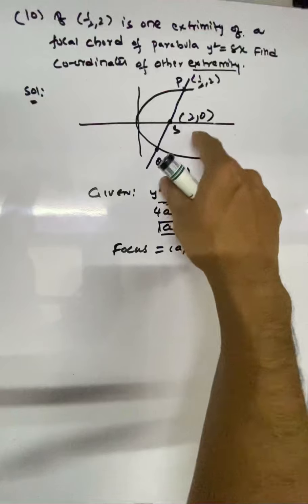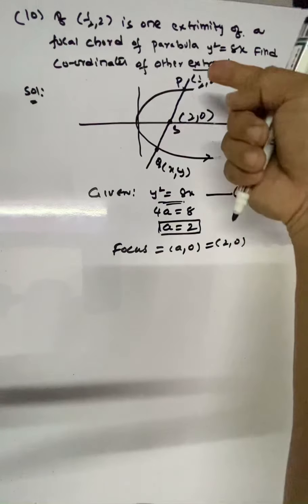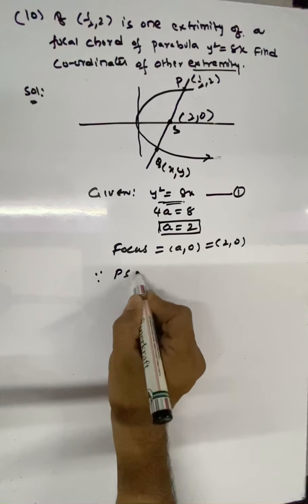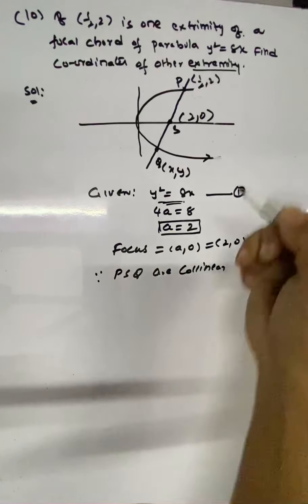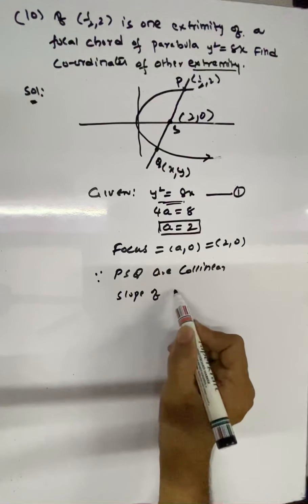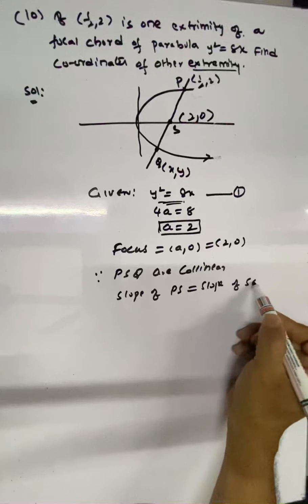So we got the focus. If 3 points are there on a line, since P, S, Q are collinear, if these points are collinear, we have slope of PS equals slope of SQ.